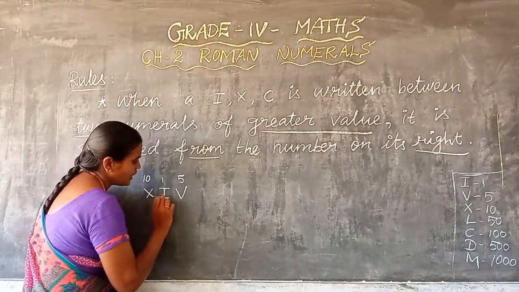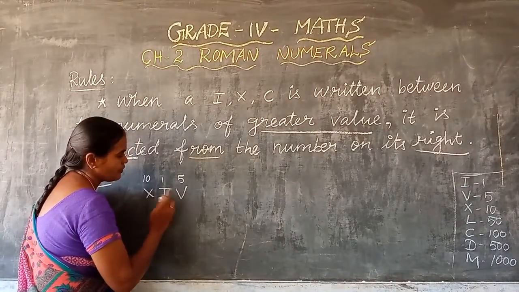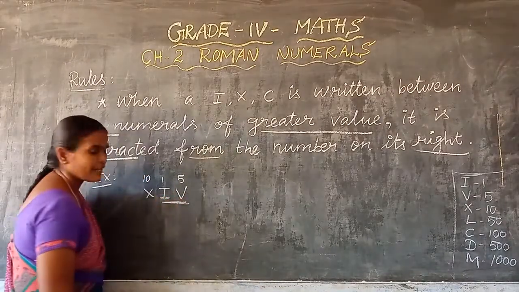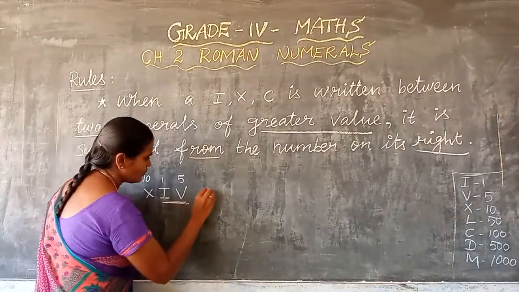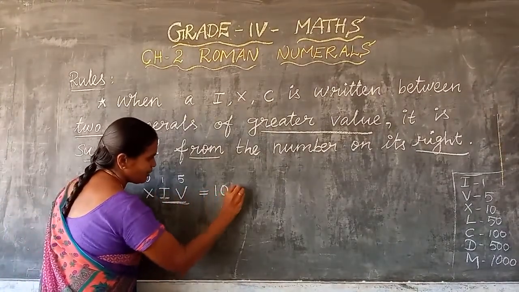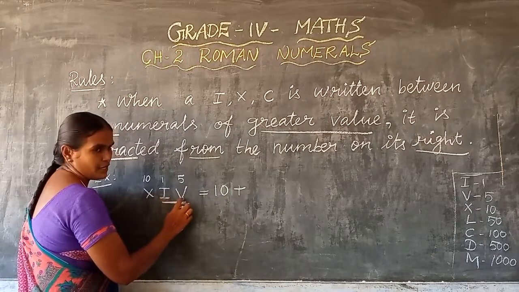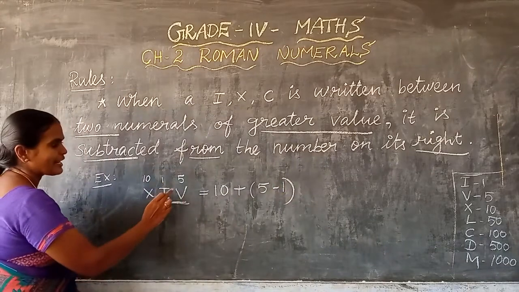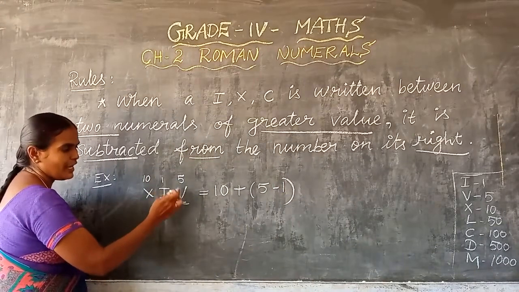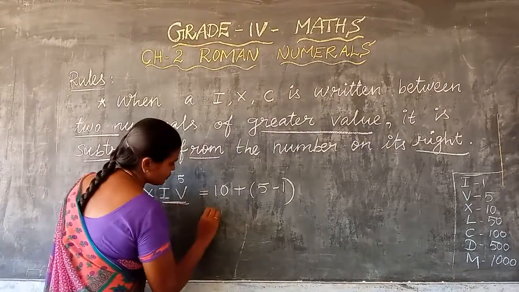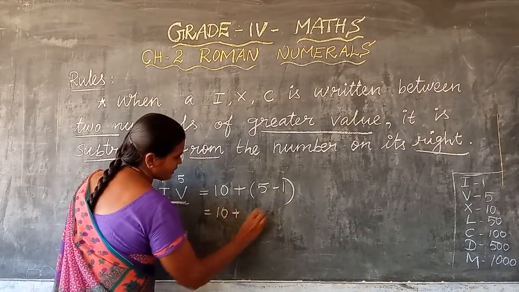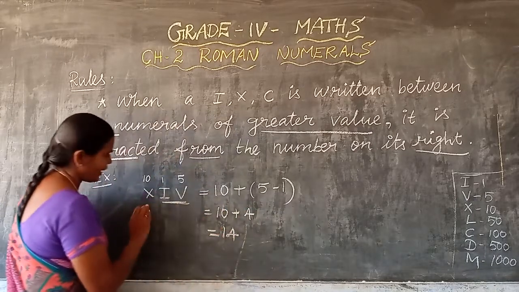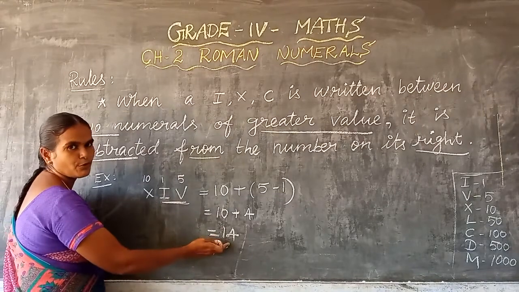You take I, subtract from the number on its right side. So X 10 plus IV, that means 5 minus 1. Subtract from the right side number. So 10 plus 4, 14. So XIV value 14.